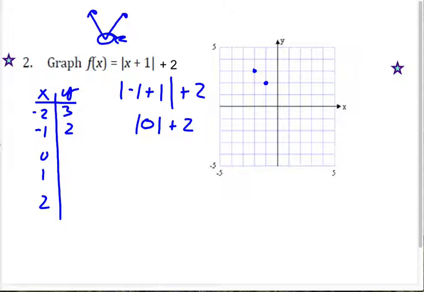When I plug in 0, 0 plus 1, well, that's the absolute value of 0. Absolute value of 0 is 0. 0 plus 2 is 2. I have made a mistake here somewhere.